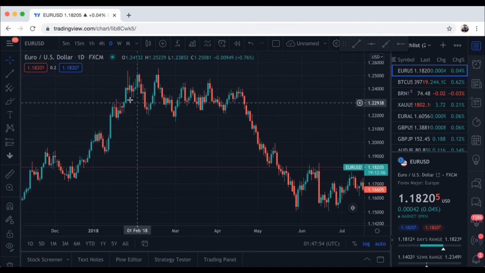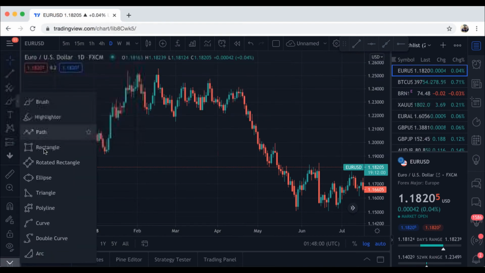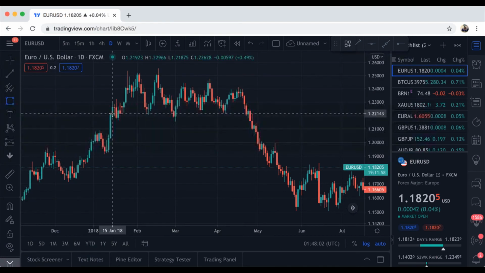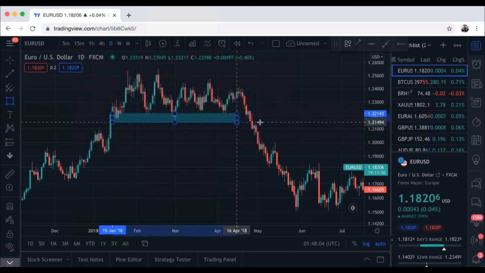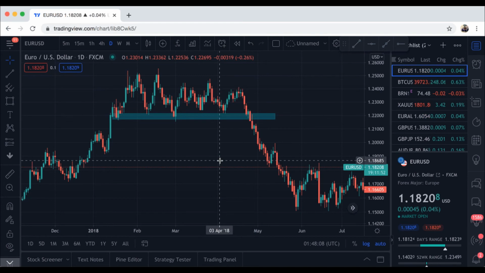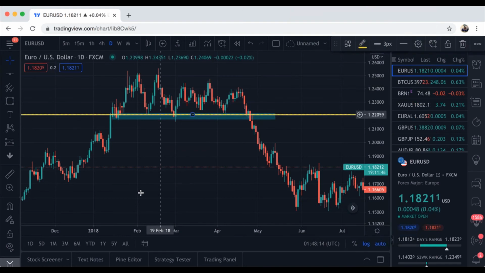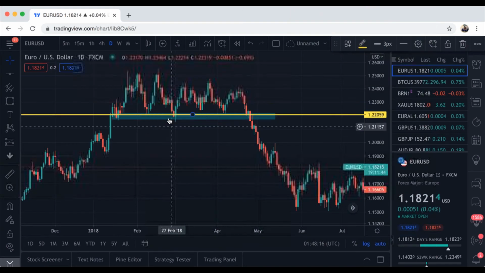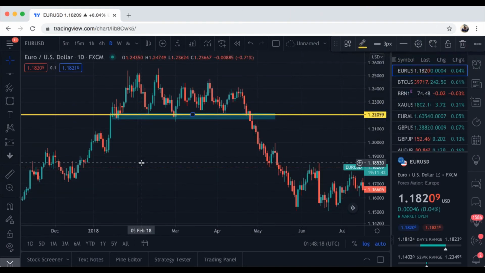But do you see how this is a really good horizontal zone here? This is basically your support and resistance. When we find support and resistance, we draw either a line like that, or a line like this that runs all the way through. I usually draw the box because you don't have to be perfect with the support and resistance.